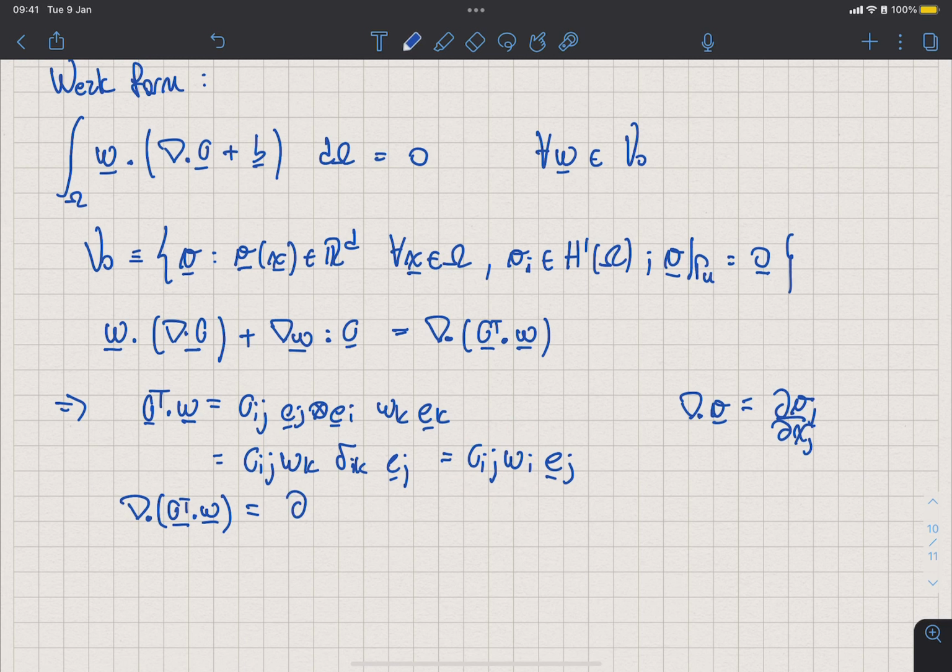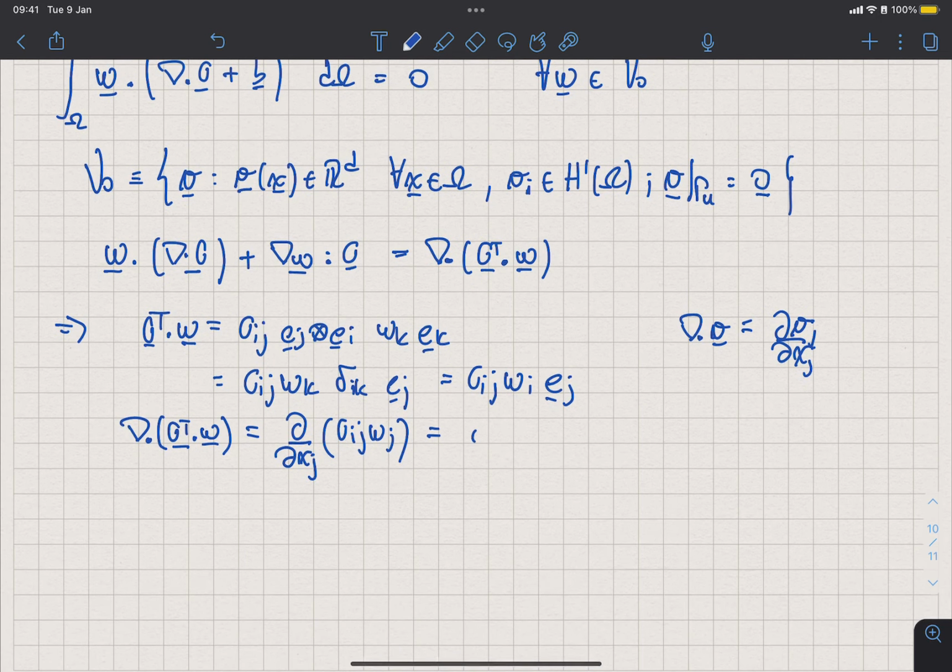So it's the derivative with respect to xj of sigma ij wi, and then if you apply the derivative of a product, then you get the derivative with respect to xj of sigma ij multiplied by wi plus sigma ij multiplied by the derivative of wi with respect to xj. Okay?